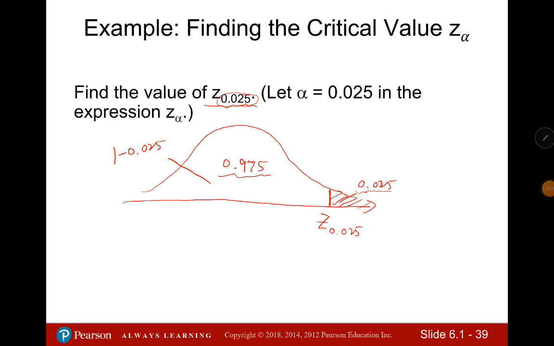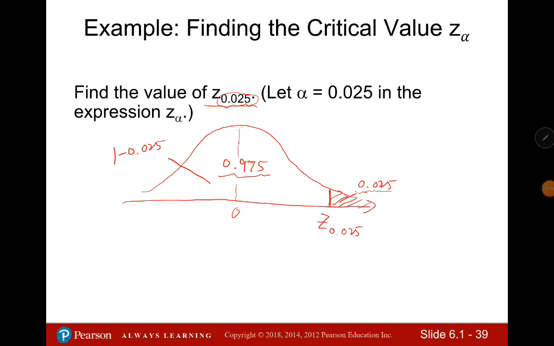And this time, because we have the area, make sure you check the body of the Z table. Obviously, this Z, Z sub 0.025, is on the right, because the 0 is always in the middle.